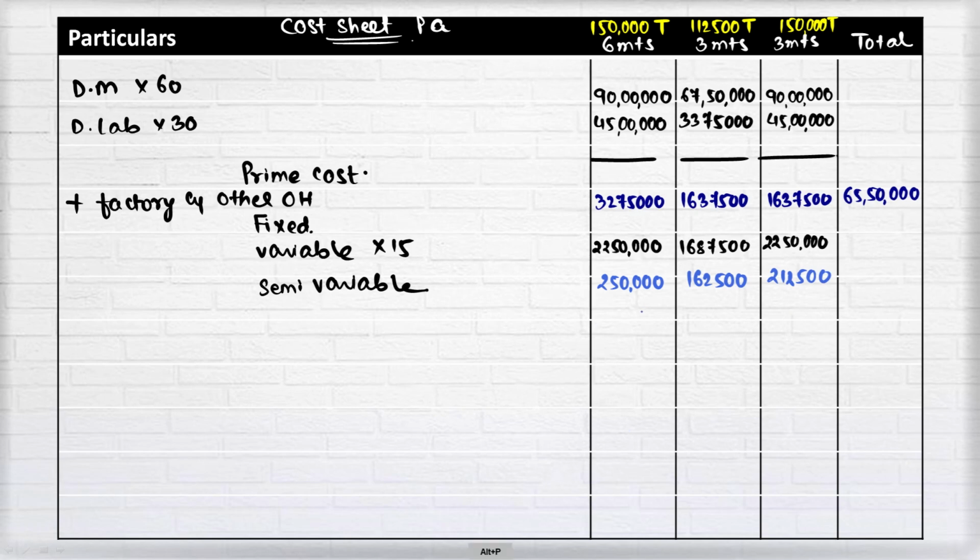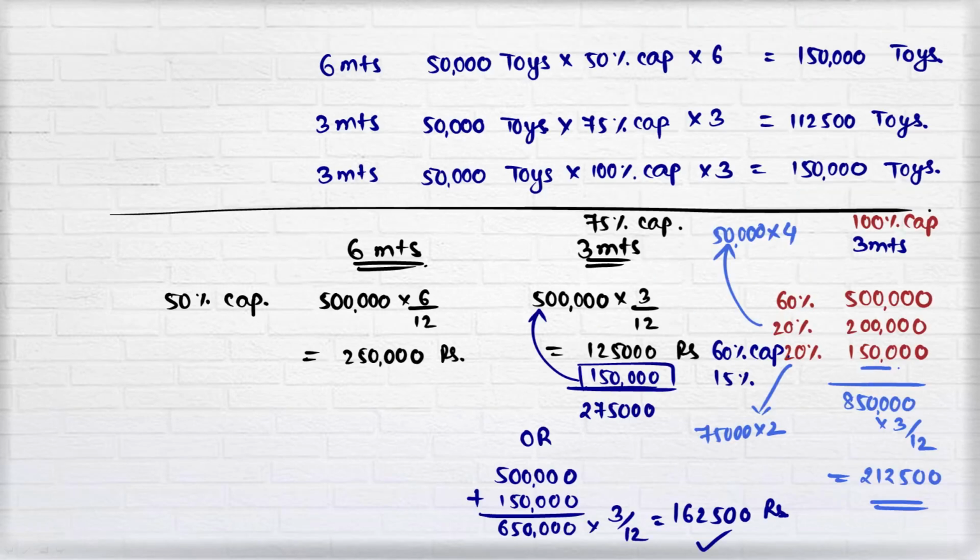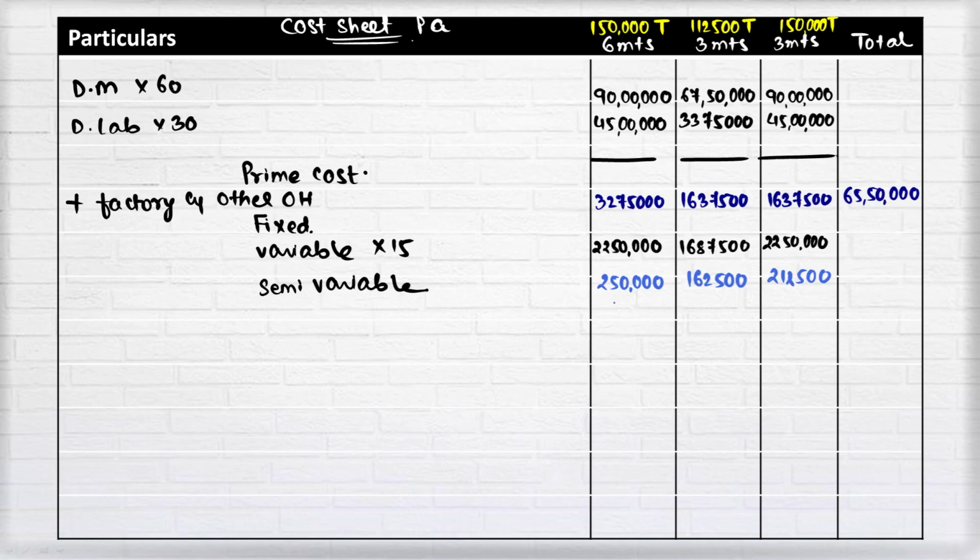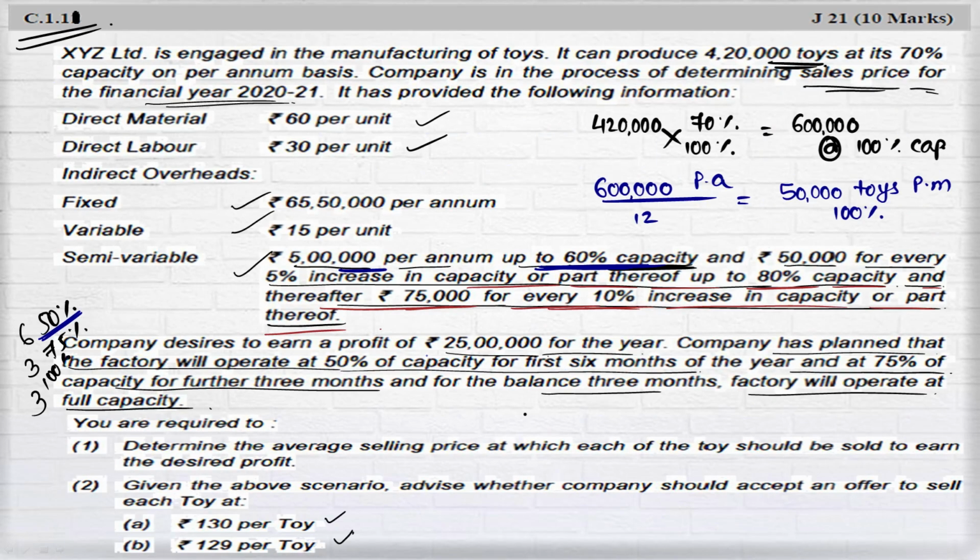Included? Yes. It is. You want this explanation? Alright. Up to 80%, your cost will be this, like 5 plus 2 lakhs. Is there any other cost?